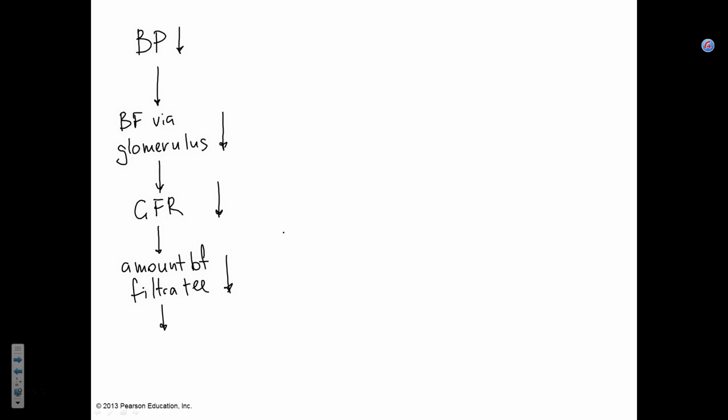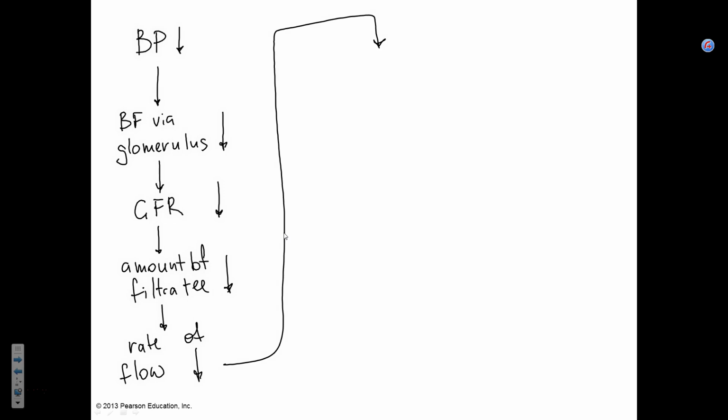As amount of filtrate decreased, rate of flow for the filtrate decreased. So far, it's really simple, right? As rate of flow is decreased, reabsorption time increases. As reabsorption time increases, the reabsorption itself, now be careful, I'm introducing a new step to make it more detailed. Reabsorption time increases, reabsorption increases.